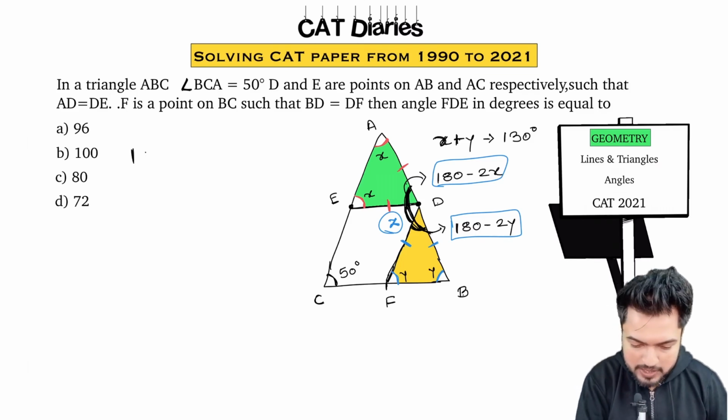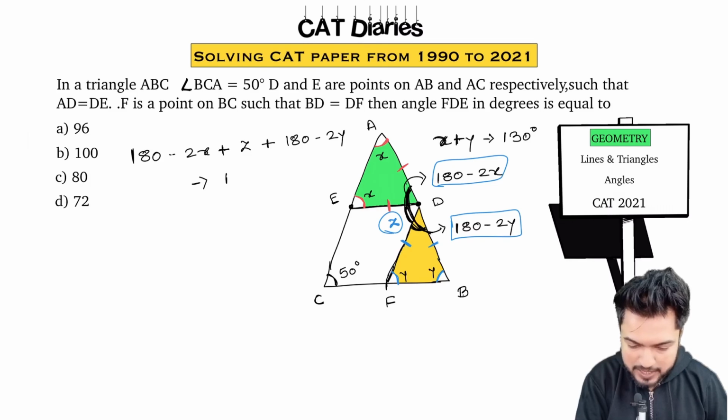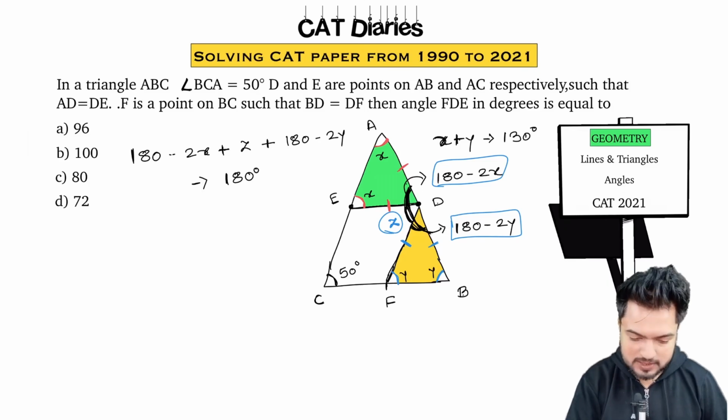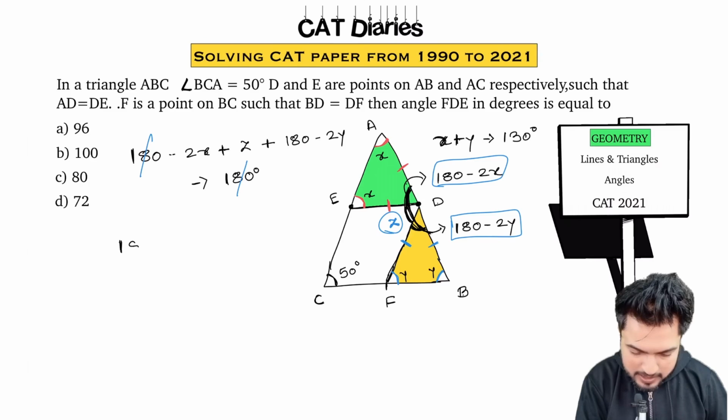So 180 minus 2X plus Z plus 180 minus 2Y, this entire thing is equal to 180 degrees, because they are forming a linear pair. And the problem is solved. This gets cancelled. What are you left with? 180 minus 2 into (X plus Y) plus Z is equal to 0.